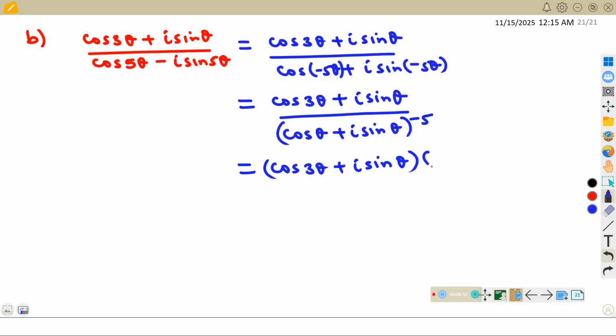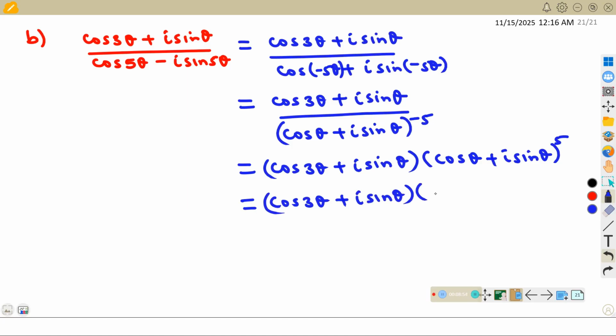We can bring this one up and have this as cos of theta plus I sine of theta to the power of 5. Since we cannot easily combine this and this, using de Moivre's theorem, we can have this as cos of 5 theta plus I sine of 5 theta.